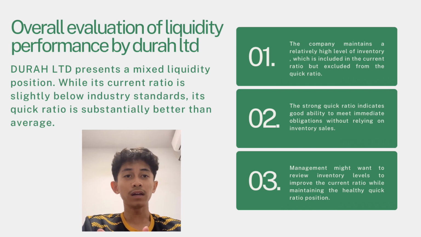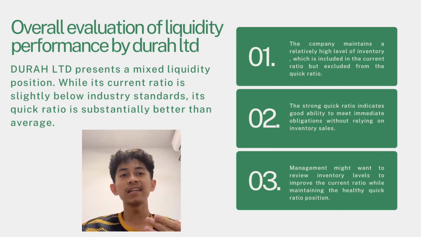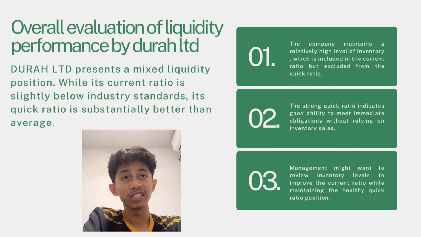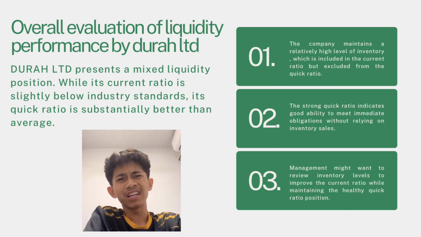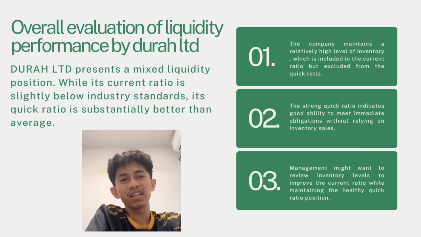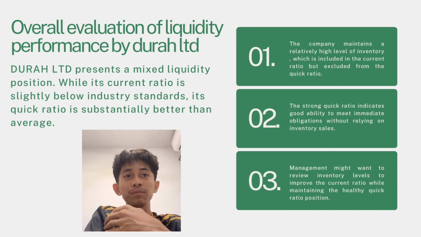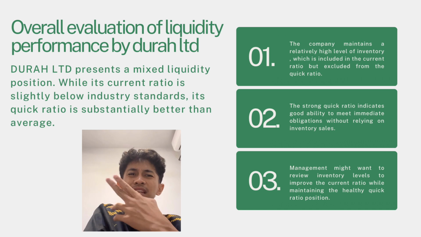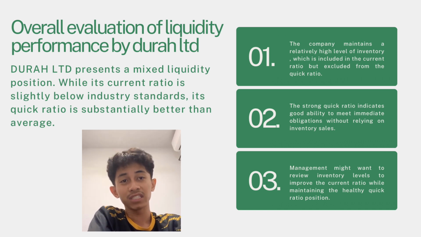For the overall evaluation of the liquidity performance of Dura Ltd, we can see Dura Ltd presents a mixed liquidity position, while its current ratio is slightly below industry standards, and the quick ratio is better than the average.